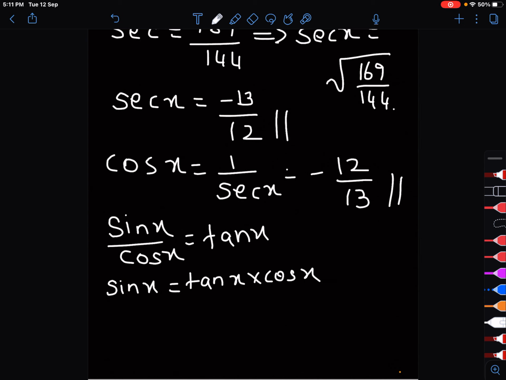Now we have tan x as minus 5 by 12, which is already given, and your cos x is minus 12 by 13.